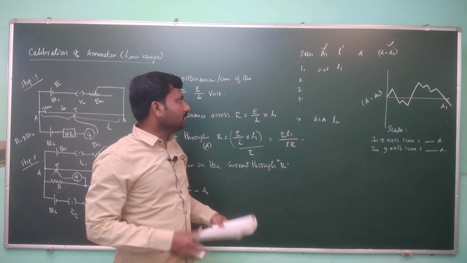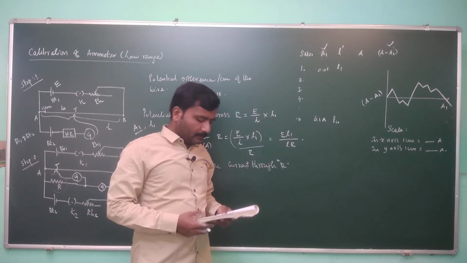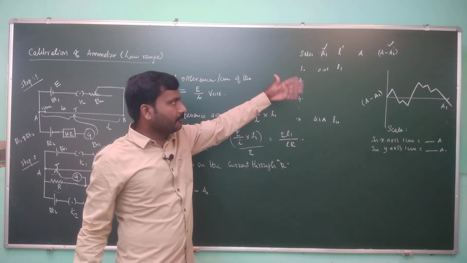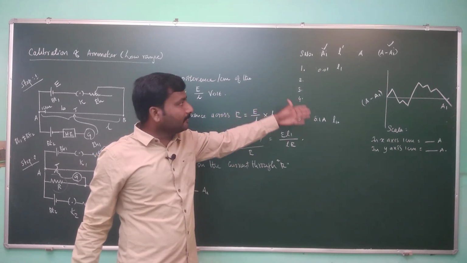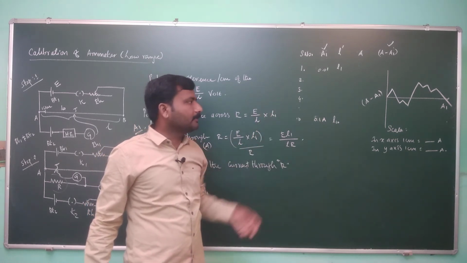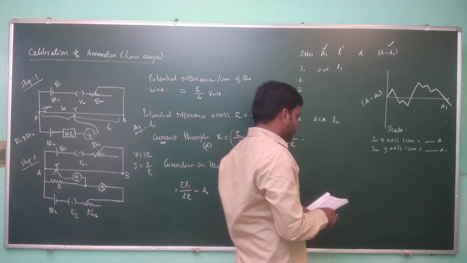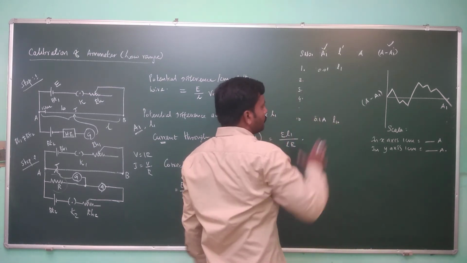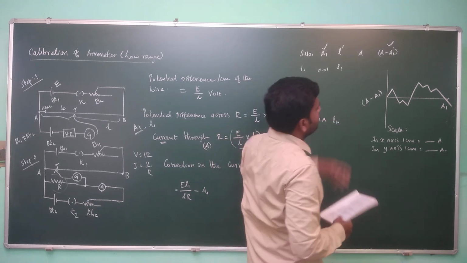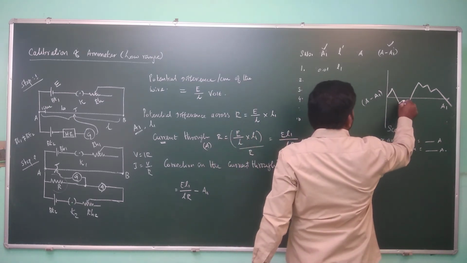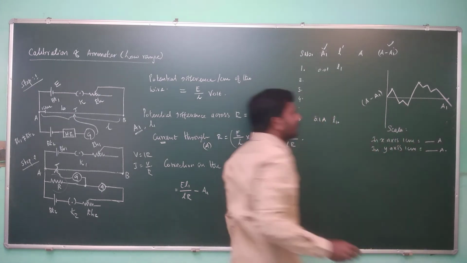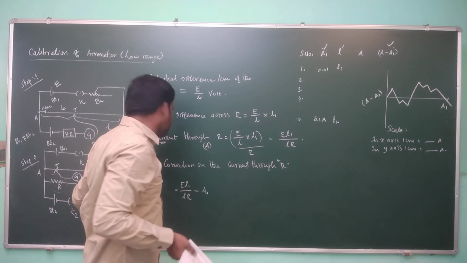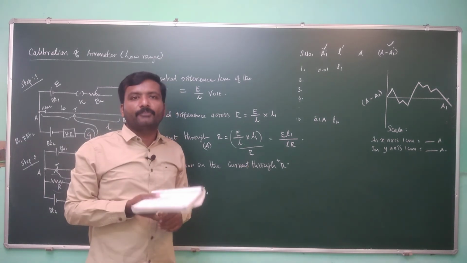From this graph you can see, for different values of current, how the error will occur, and you can also draw another curve. This error graph tells you how much, for a particular current, the experimental value, that is the value measured in the ammeter, will deviate from the theory.